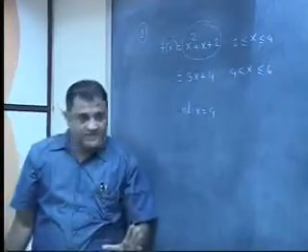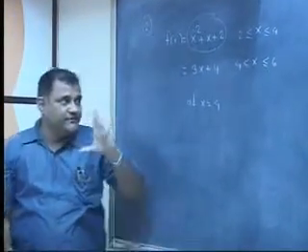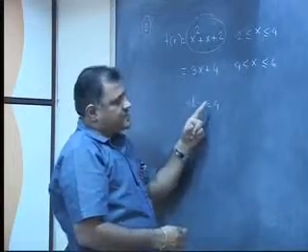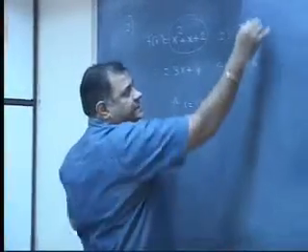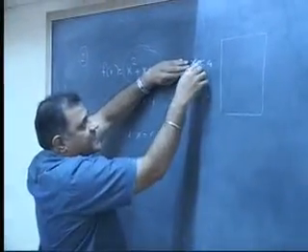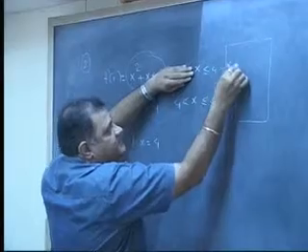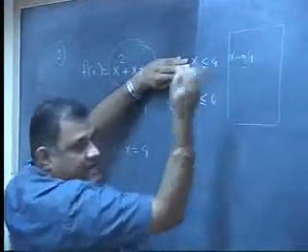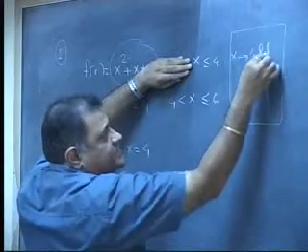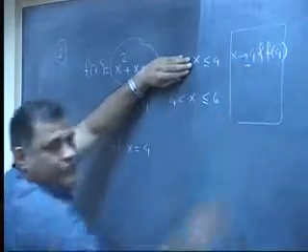Now the solution starts. In continuity, the very first step is to identify the function. At x equal to 4, I want to check the continuity. Here x is less than 4, meaning x tends to 4 from the negative side. X is equal to 4, so this function is also f of 4.